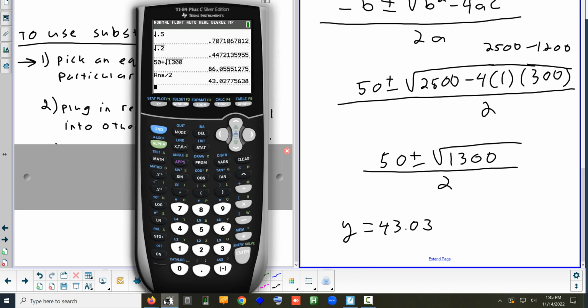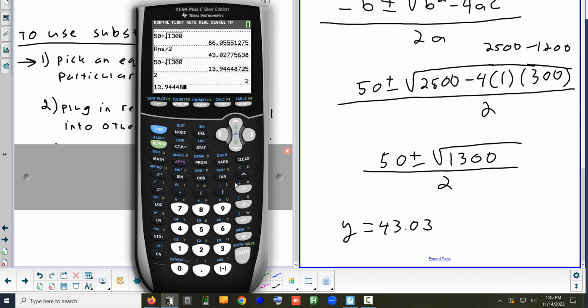Now, I didn't do the other one. 50 minus the square root of 1,300, and then divide by 2. Oops. Now I messed it up. 13.944448. Close enough.